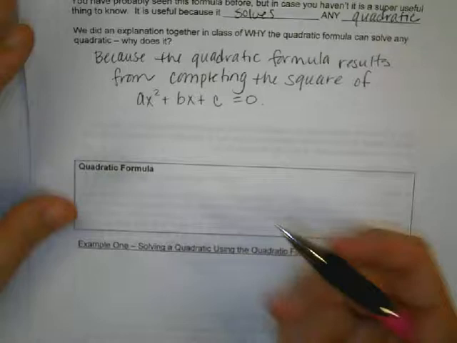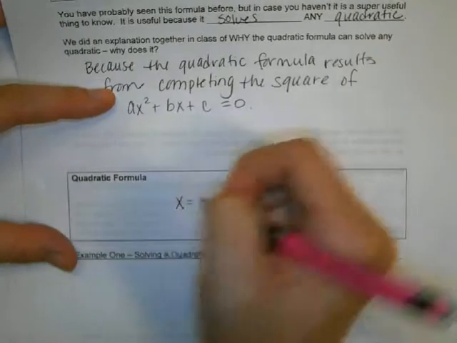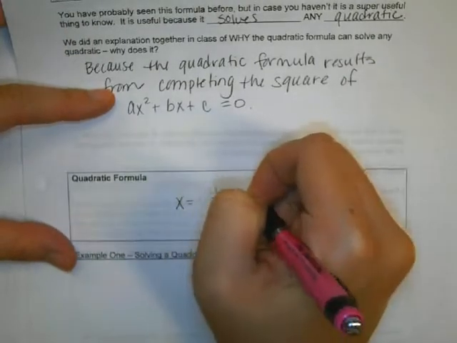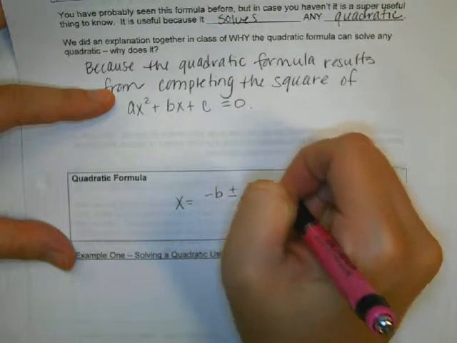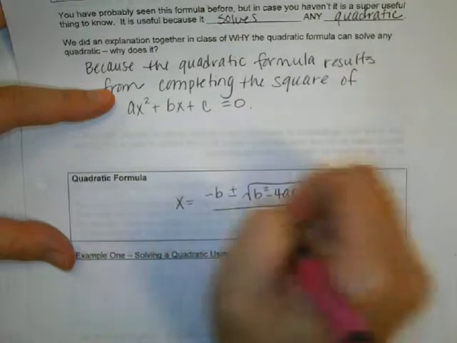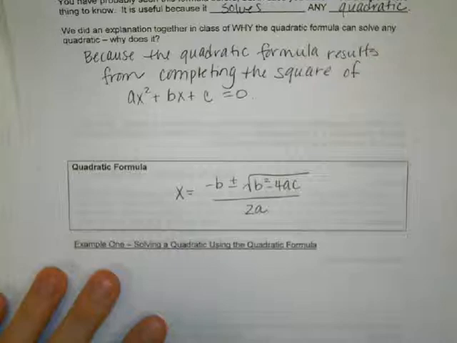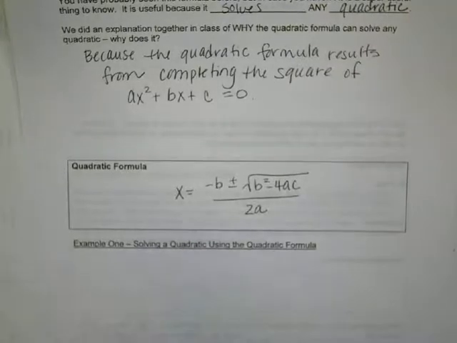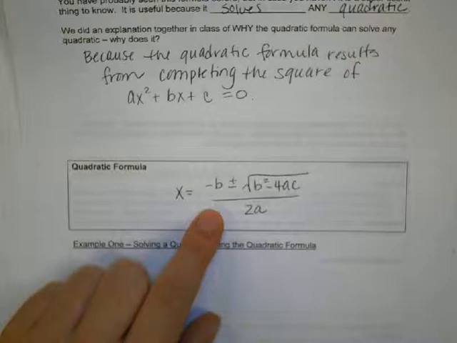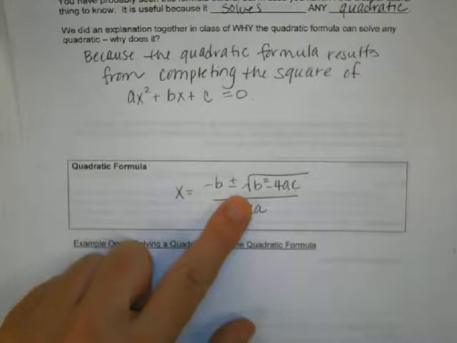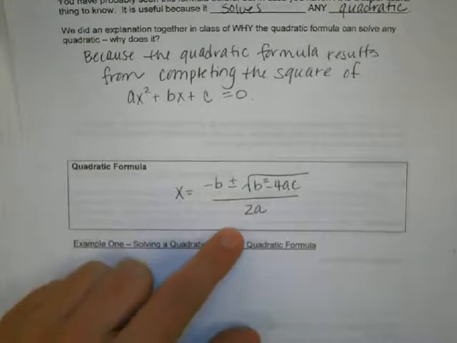So for the quadratic formula, you have to have this memorized. This is not something that's going to be given to you on the test. A lot of you recognize it, which is good, but you do have to know what it is. X equals negative b plus or minus the square root of b squared minus 4ac all over 2a.